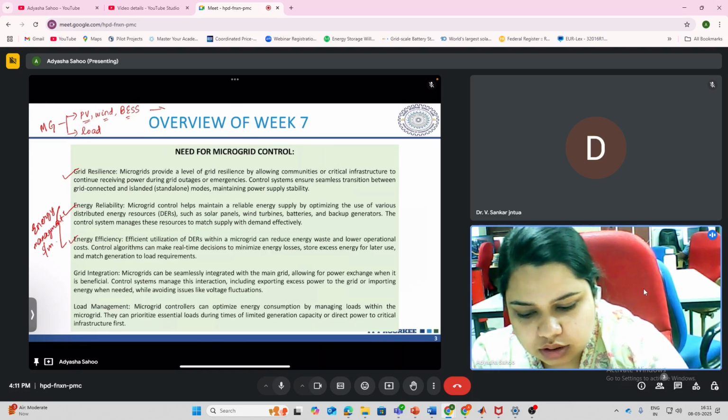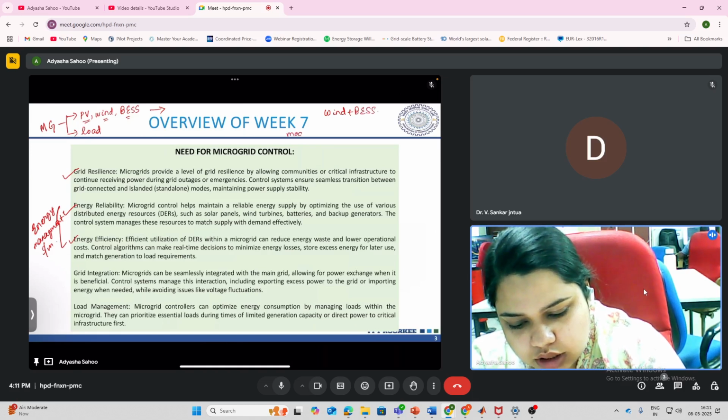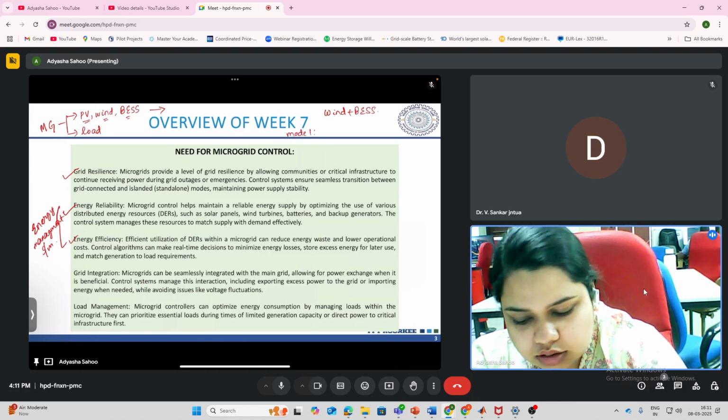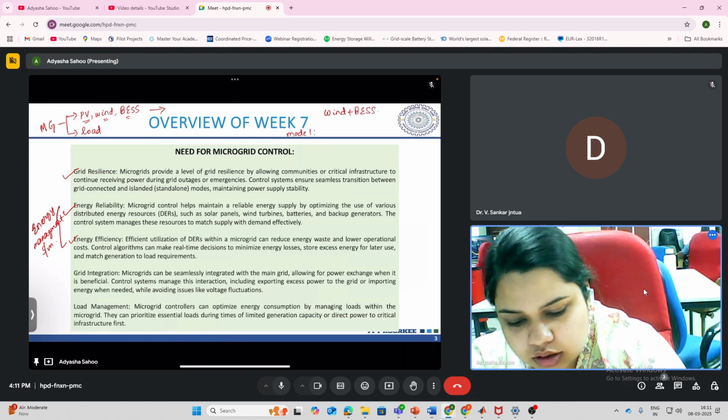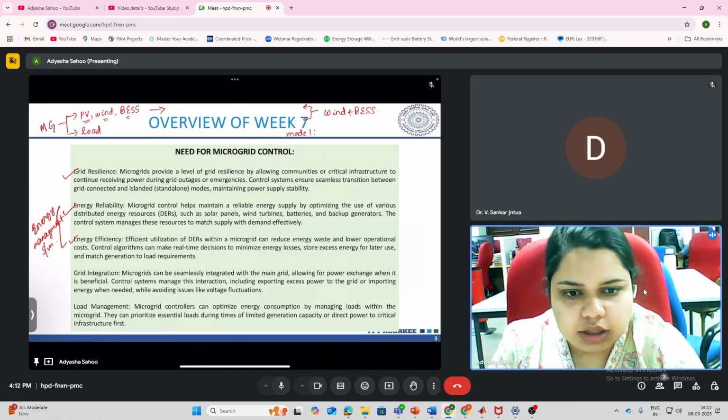For example, let's say we have a wind energy system with a battery. If you are aware of how a wind turbine works, the wind speed drives the blades of the turbine and it is then converted to electrical energy.